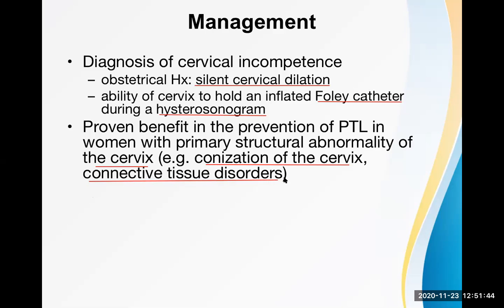Conization means cone biopsy, where a very big chunk of tissue may be taken out of the cervix for investigation purposes, and after that the cervix becomes incompetent. Or, as a result of some connective tissue disorder like Marfan syndrome or Ehlers-Danlos syndrome, cervical incompetence may develop. So there is a definite role of suturing the cervix by McDonald suture or Shirodkar suture.